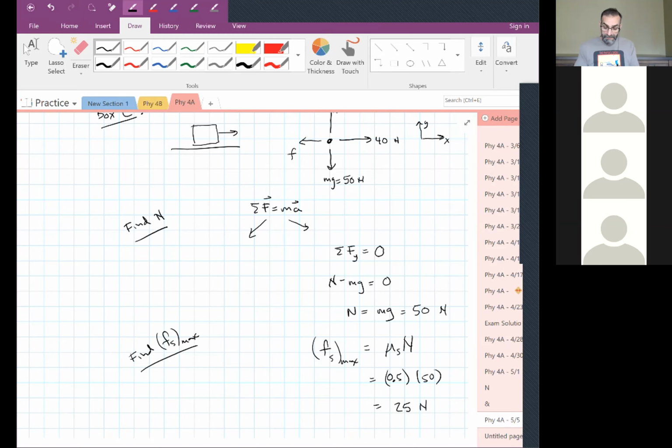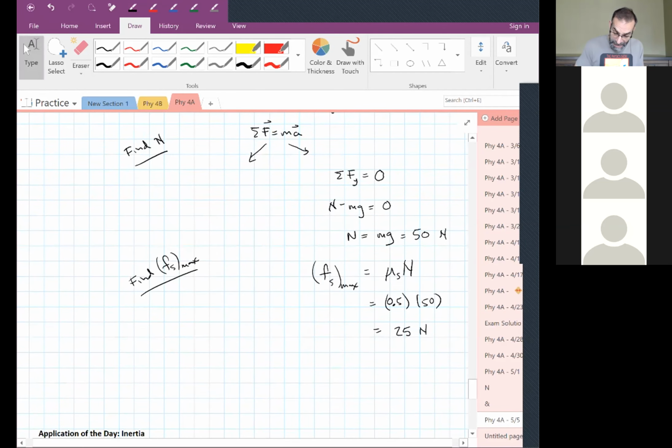Okay, does it move? Yes, it moves because we are pulling with a force of 40. So the maximum static friction force is less than our pulling force. Right, 25 is less than 40.